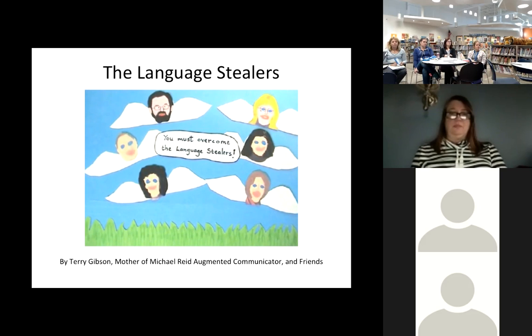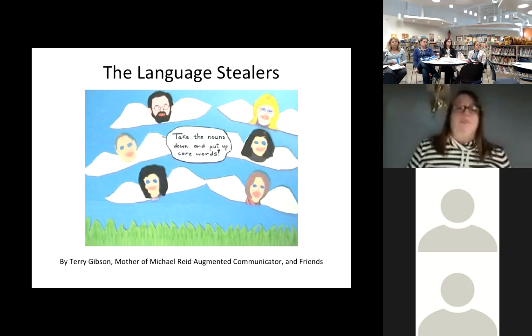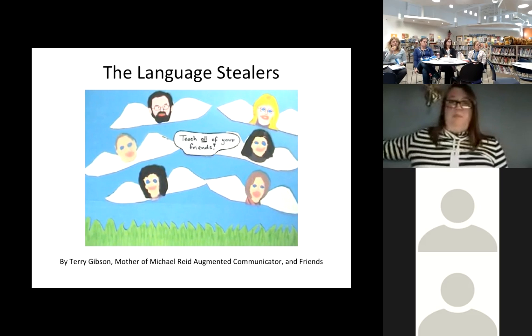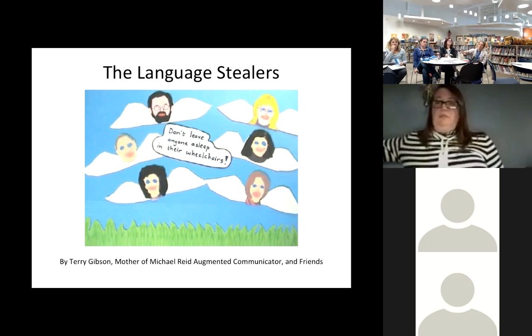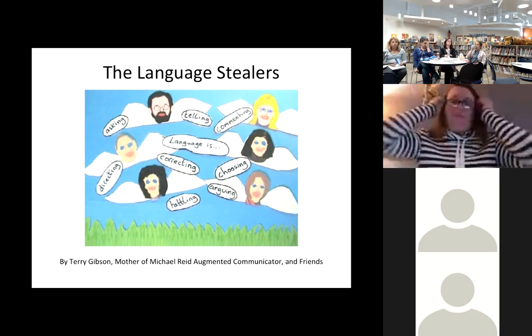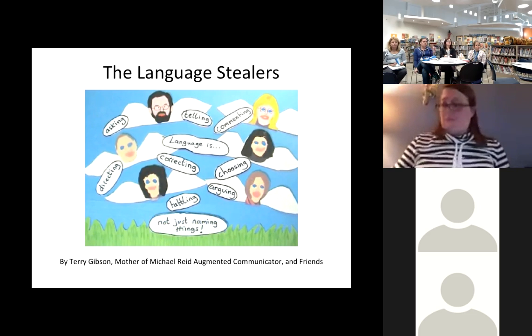You must overcome the language stealers. Take the nouns down and put up core words. Learn to match speech sounds to print. Teach all of your friends. Don't leave anybody asleep in their wheelchairs. Language is asking, telling, directing, arguing, tattling, commenting, choosing, not just naming things.